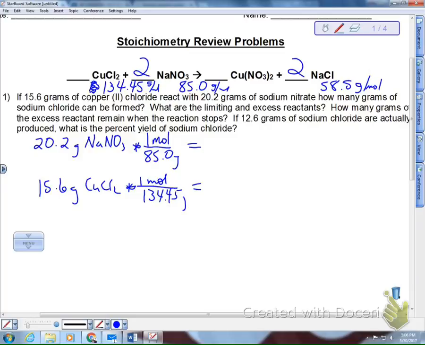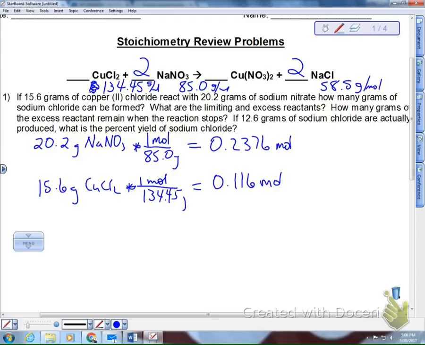So for the sodium nitrate, it came out to be 0.2376 moles. And then for the copper 2 chloride, it came out to be 0.116 moles.